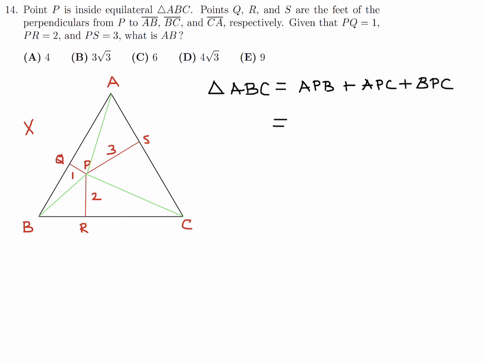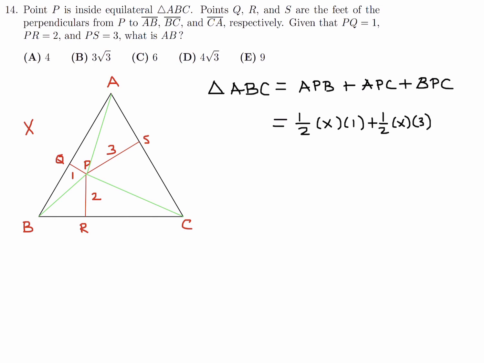Now each of these triangles, we can figure out the area pretty quickly because we know the base and we know the height. So for APB, it's 1/2 base, which is X, the height is 1. For APC, the base is again X, and the height this time is 3.